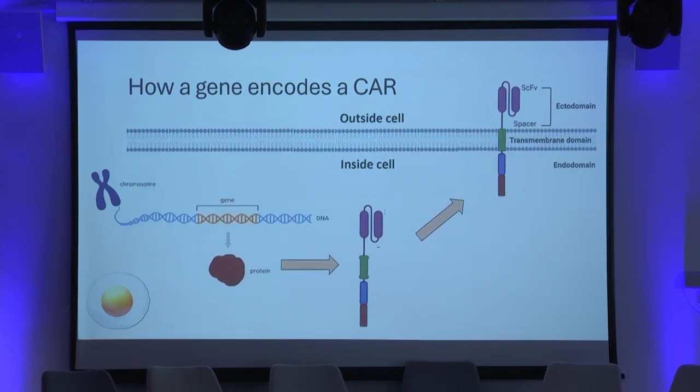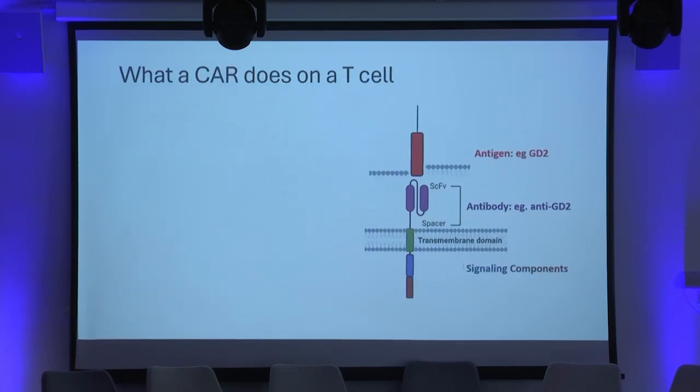So if you think about the edge of a cell, or the edge of a fried egg, having what we call a membrane, on the outside is half of the CAR molecule, and the inside is the other half. And the reason we do that is because the CAR forms an interaction with what we call its target. And the immunological name we use is that the antigen is the target, and the part of a CAR molecule which recognizes the antigen is actually an antibody.